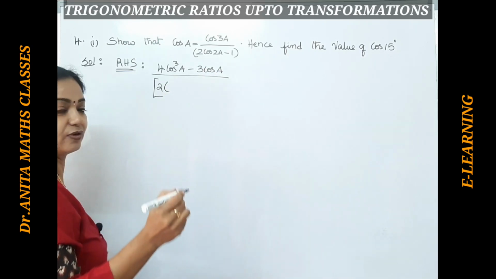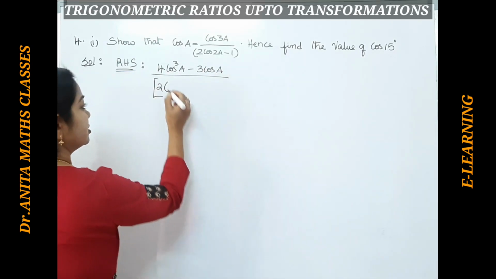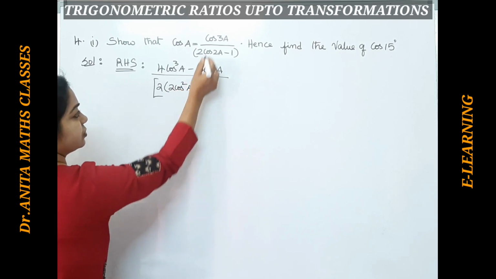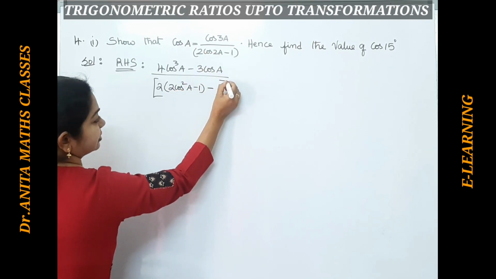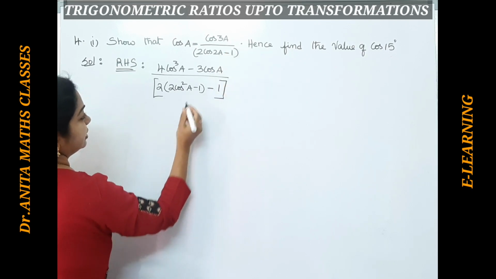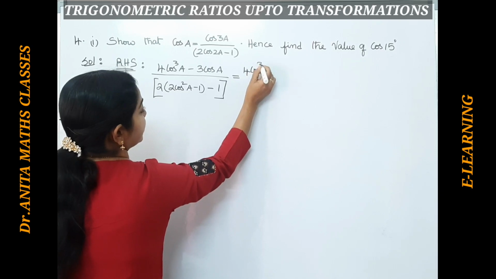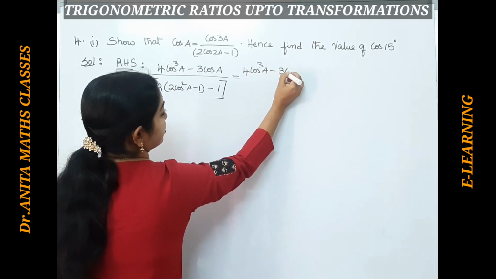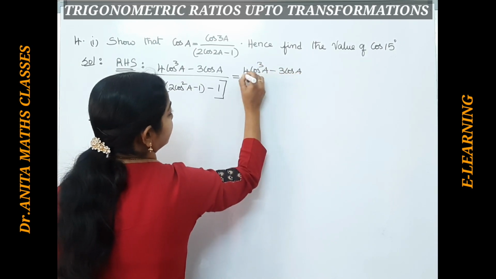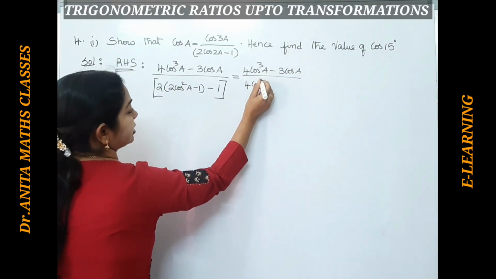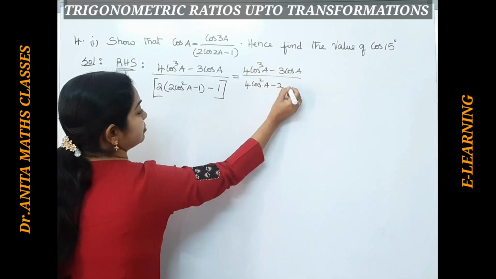Let us take the cos formula because everything is in cos: 2 cos square A minus 1 is the cos 2A formula, and minus 1 is left over here. So this becomes 4 cos cube A minus 3 cos A, divided by, if you open the bracket, 4 cos square A minus 2 minus 1.